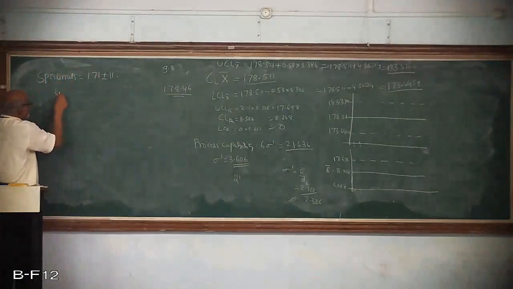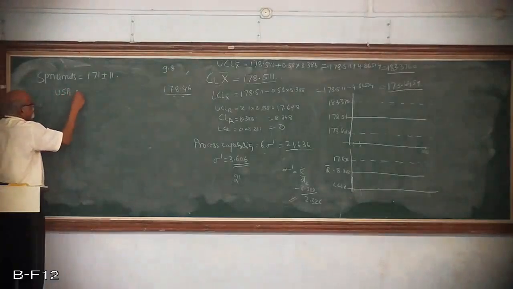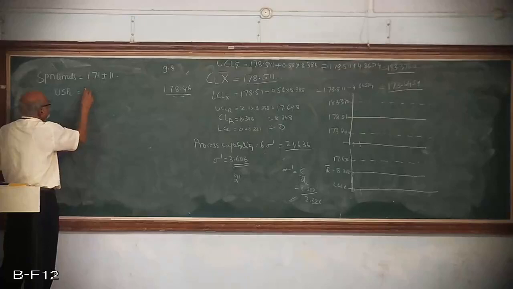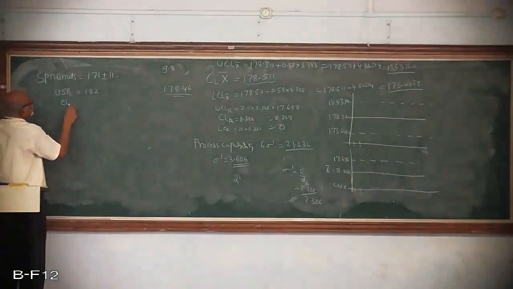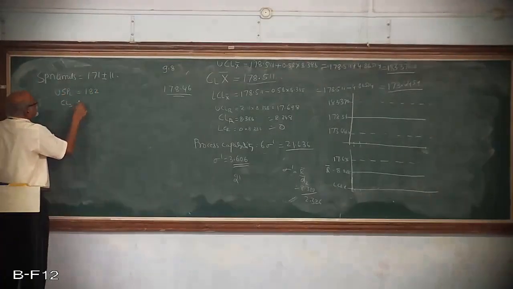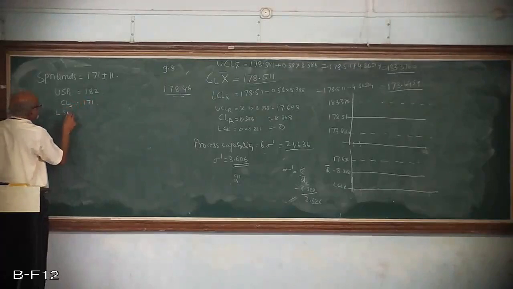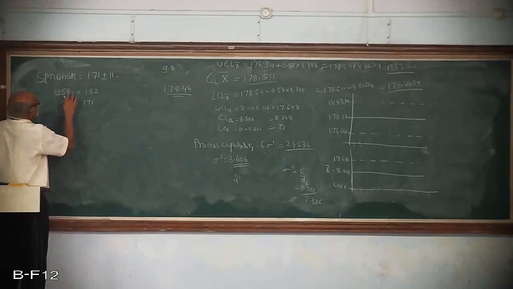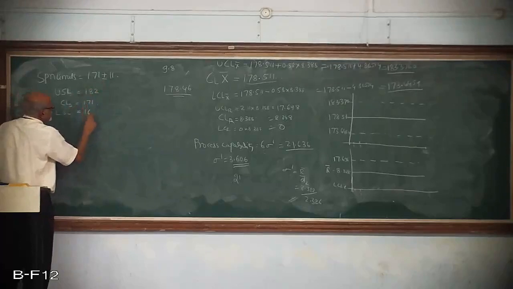That means the upper specification limit, USL, that is what I will denote it. So, 171 plus 11, that is 182, and its central line is 171, and the lower specification limit is 171 minus 11, that is 160.